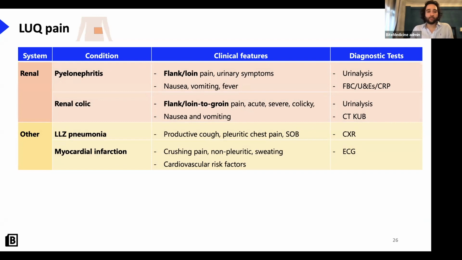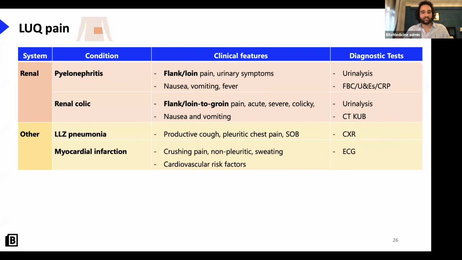Similarly, myocardial infarctions, or essentially heart attacks, can present in odd ways sometimes. Sometimes the pain is a little bit lower down. I know we all learn that central crushing chest pain, but you can get atypical sounding pain as well. So get your cardiovascular risk factors, make sure you know what they are for the patient, and get ECGs. I get an ECG on any patient with upper abdominal pain, every single one.